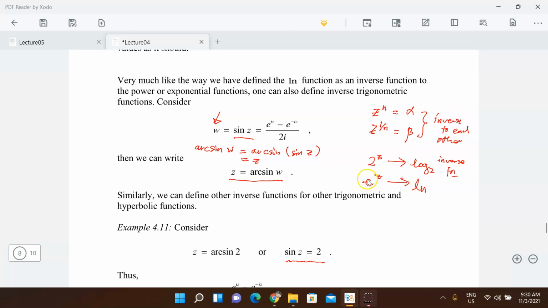If it's exponential z, then you talk about the natural log, or sometimes it's called ln. I will just say log without a base; when I use this notation, it's the natural log. Okay, so this we have already done.